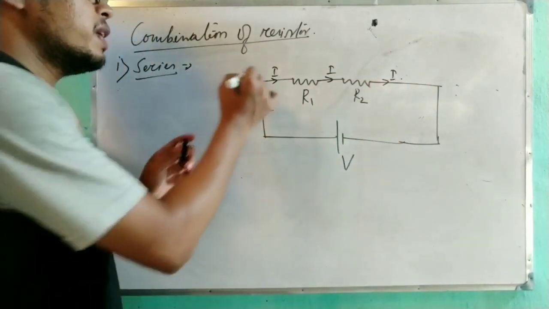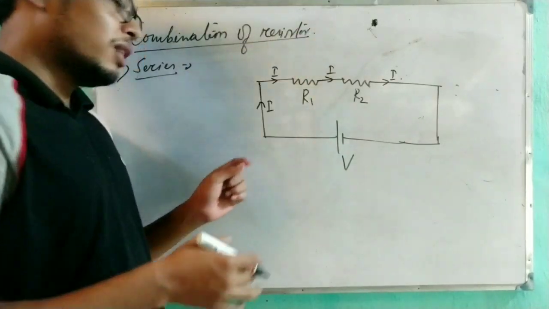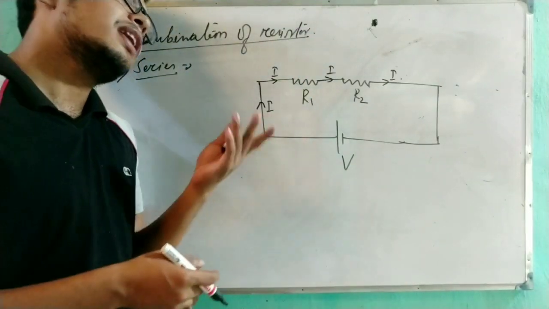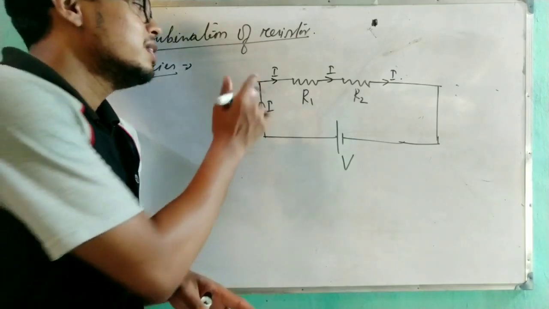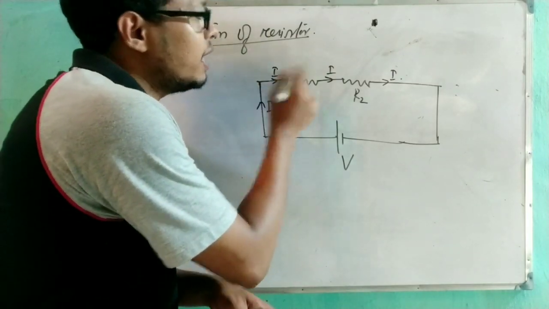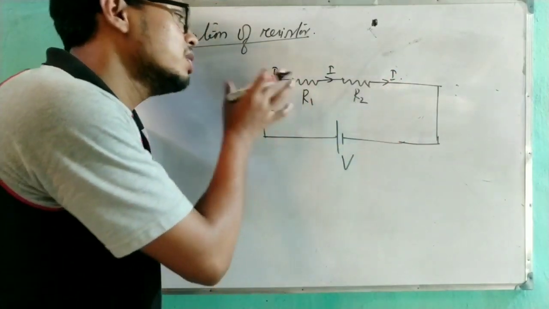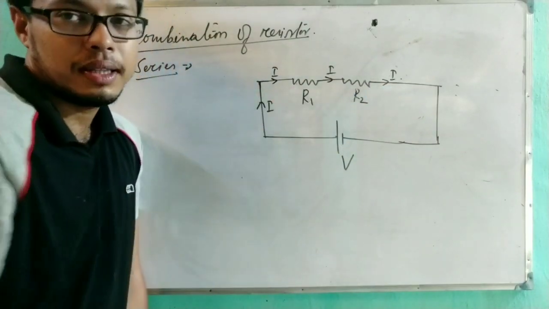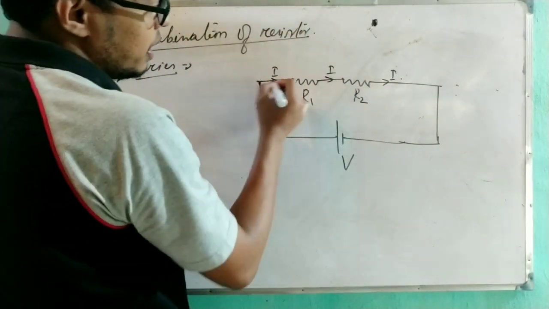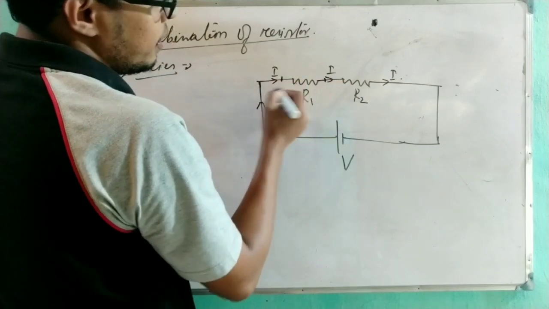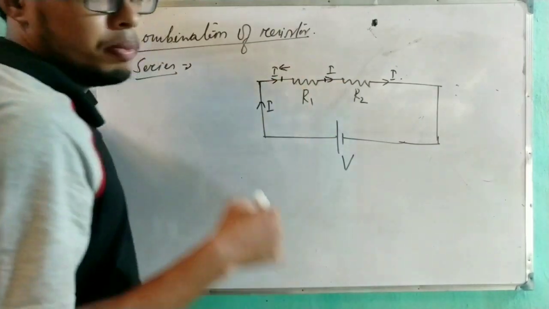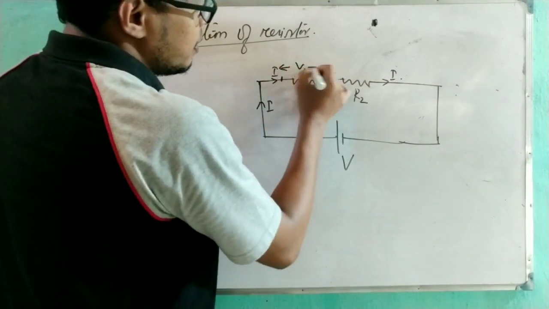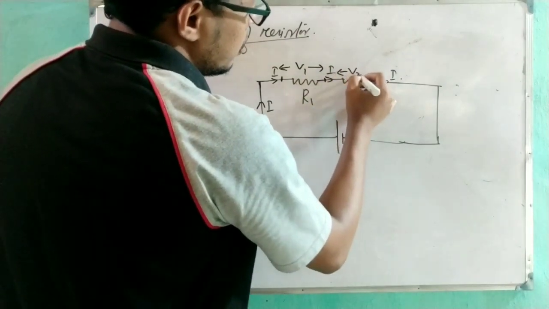If the current gets two or more paths, the current will divide. Otherwise, here also you will get the current I because they are flowing in one path. But because of the resistance, the potential between two points will be different. I am taking this as V1 and this as V2.